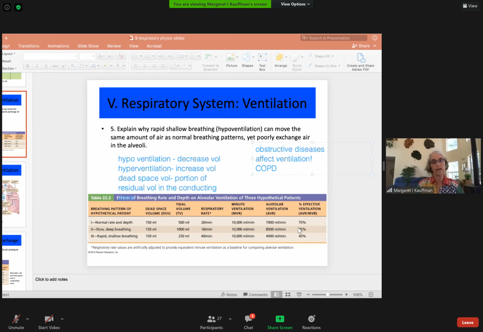Now, what you're going to see in the video is they're going to be calling something functional vital capacity versus vital capacity. There's not really a difference in the numbers. The difference is really, are you measuring it like Kevin does, where you do a maximal inhale and then you measure the maximally exhaled volume of air?